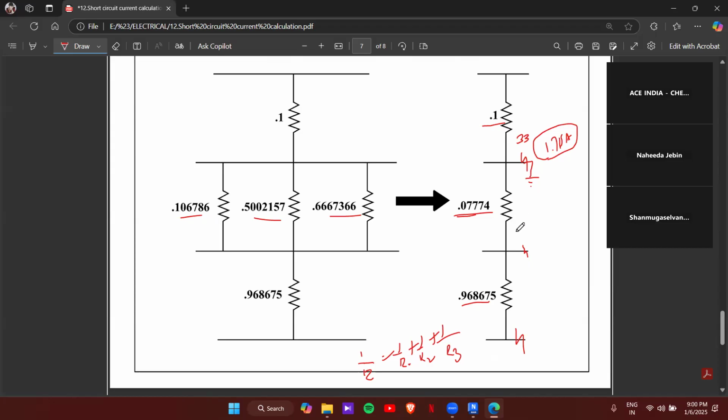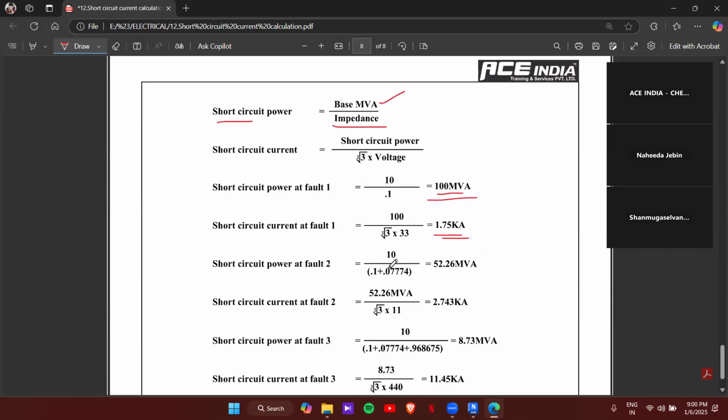So the short circuit power at fault 2 is equal to 10 divided by 0.1, which is the impedance of fault 1, plus 0.0774. We'll add that, then we'll get 52.26 MVA.